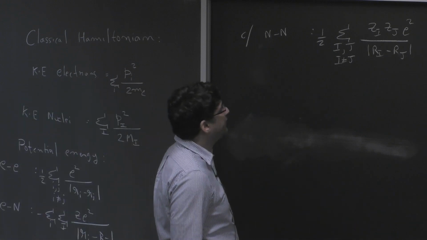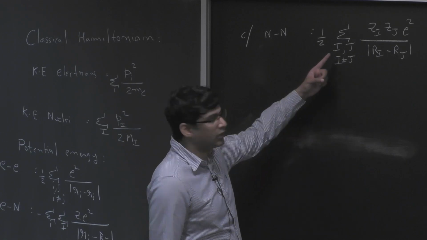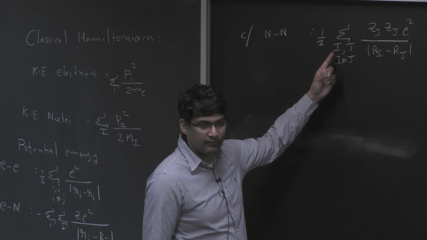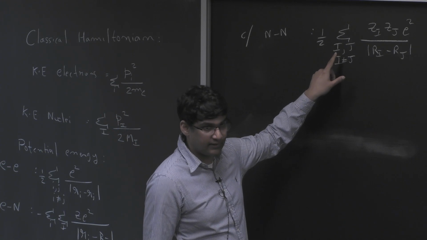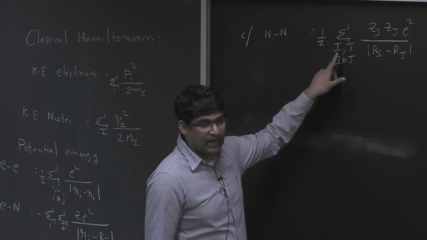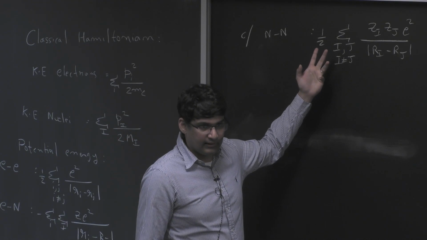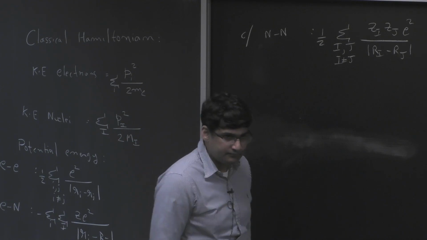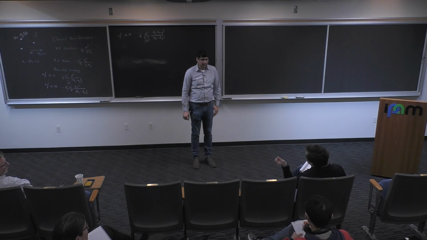Here I'm not assuming that i is not equal. I'm assuming that i runs from 1 through n and j also runs from 1 through n, and just that i is not equal to j. If I write i greater than j, then I would not have the half. But you don't want each interaction counted twice, though it should be counted twice in the sense that it's one electron acting on the other, or vice versa.